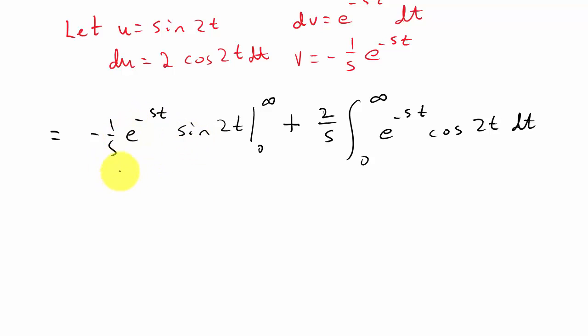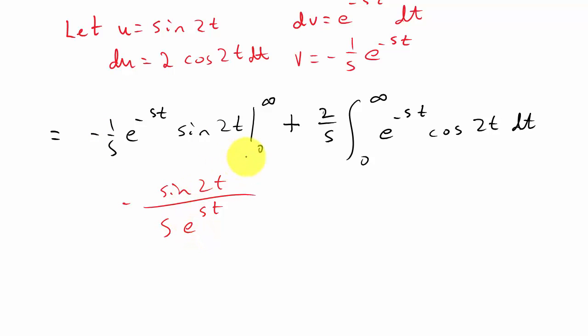It's going to look like negative sine 2t over s e to the st. Now as we're going to infinity, sine 2t is just going back and forth from negative 1 to positive 1. But this denominator here is going to infinity, it's getting really big. So this whole thing is going to 0.